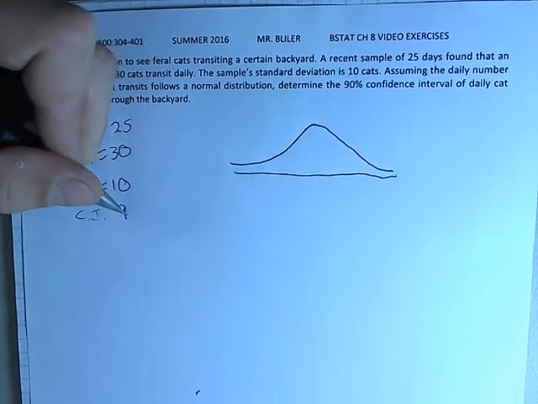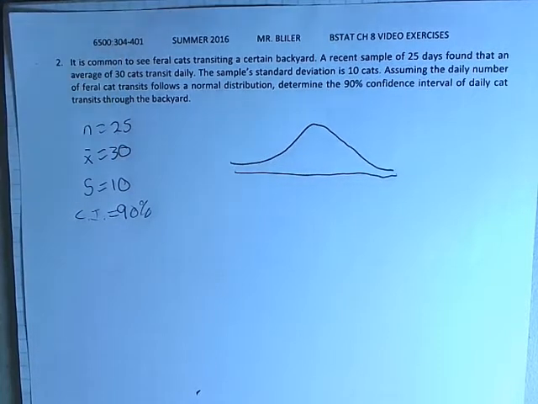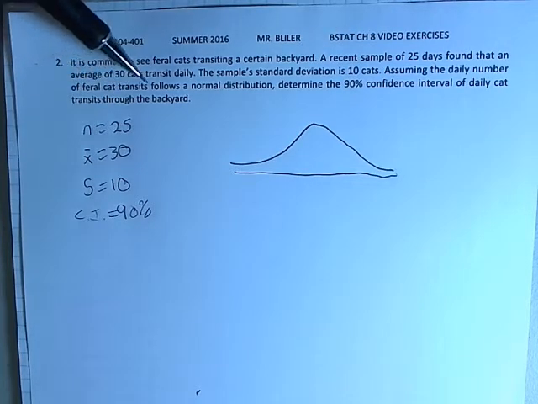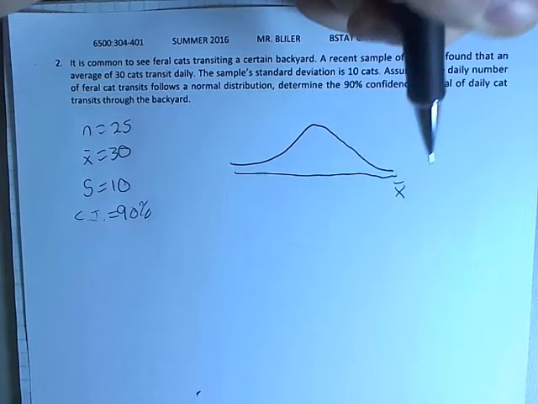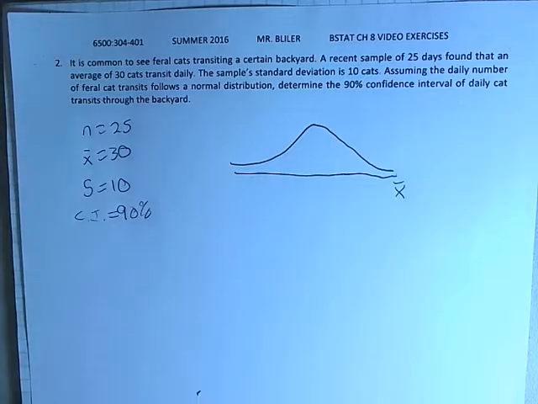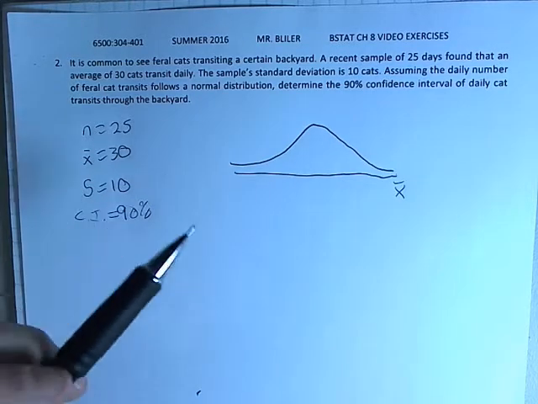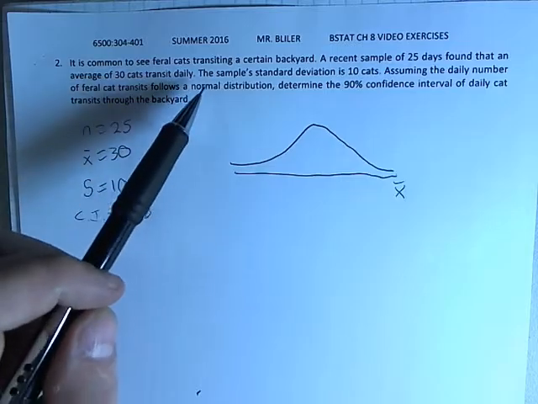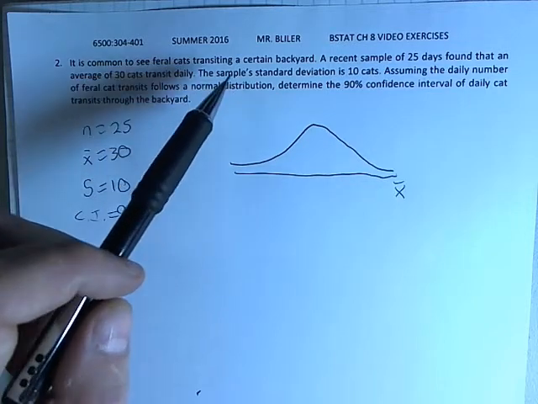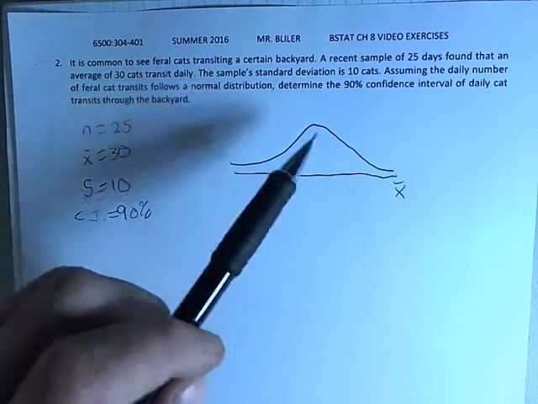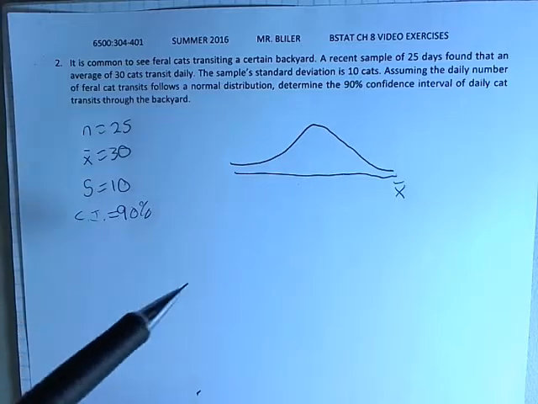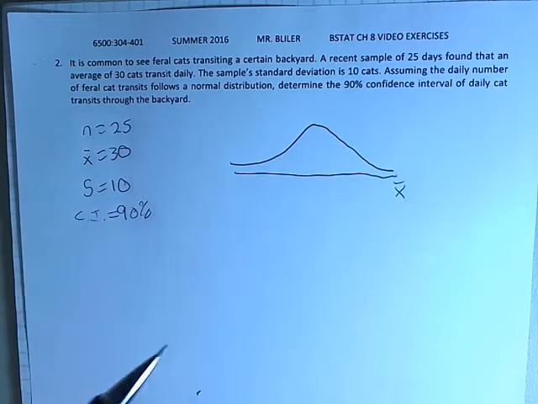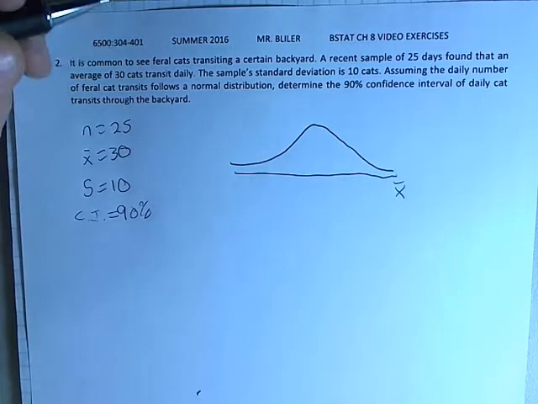Here we're asked to come up with a 90% confidence interval of the daily number of cat transits through that backyard. So let's go ahead and start to sketch this one out. So we've checked our assumptions. They are covered because we know the underlying population distribution is normal because the question told us that. So now we're looking at a two-step process.